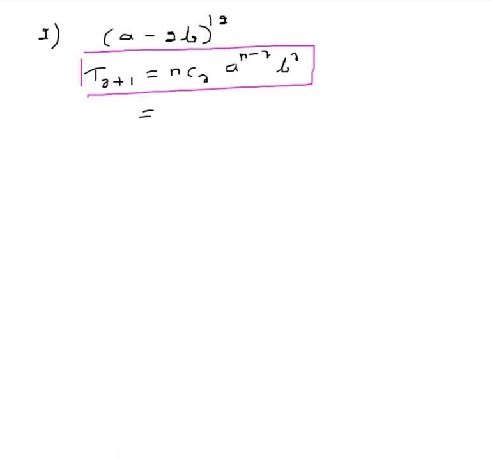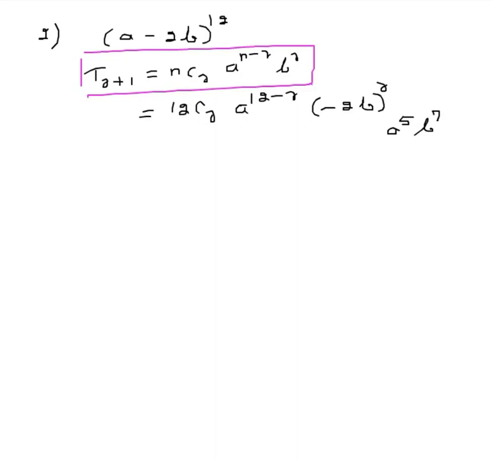Second question. Find the coefficient of a^5 b^7 in (a - 2b)^12. Let us write the general term formula, which is nCr a^(n-r) b^r. n is 12, so 12Cr, a is a^(12-r), b is (-2b) whole raised to r. We need the coefficient of a^5 b^7.